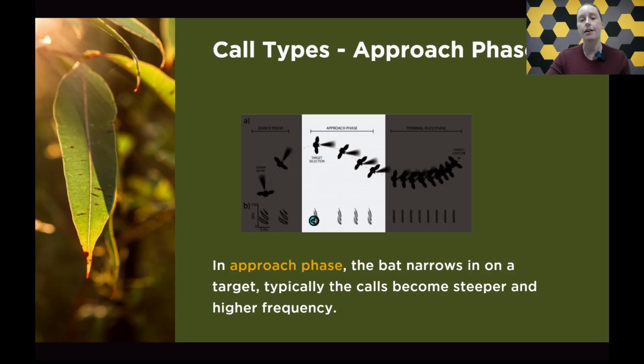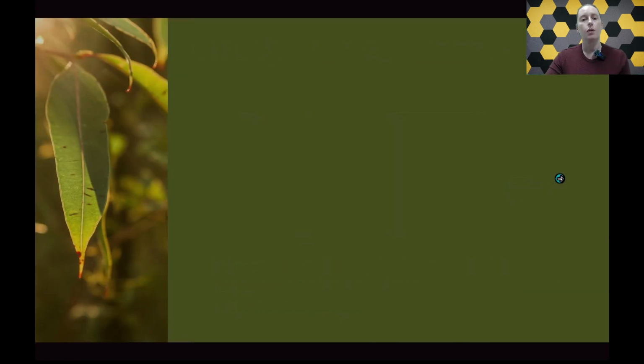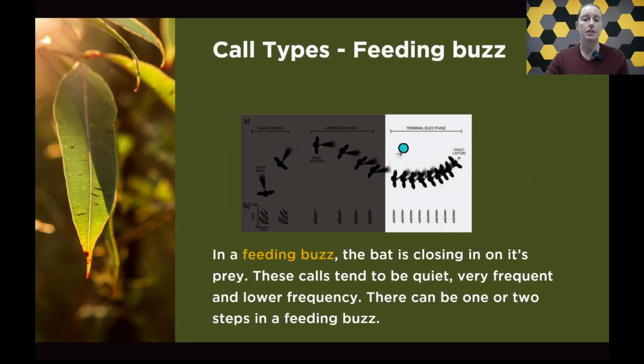When it moves into the feeding buzz, this is when it's actually trying to catch a prey item. It's very quiet, and the calls are so frequent and close together that it actually sounds to our ears like one sound.